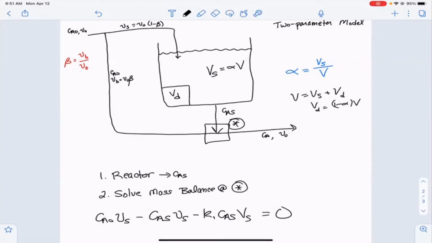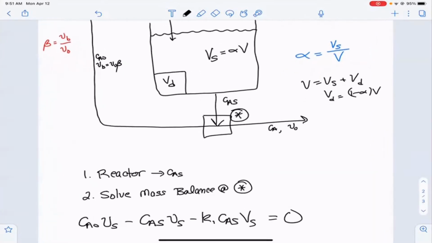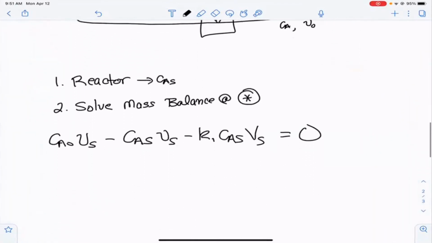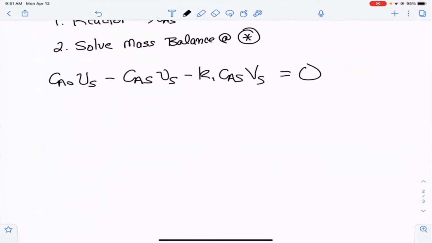So is this okay with everybody, or does anybody have a question about how I got that from the diagram? Okay, if not, then I'm going to move this up and continue. What we want to do now is get this in terms of alpha and beta.